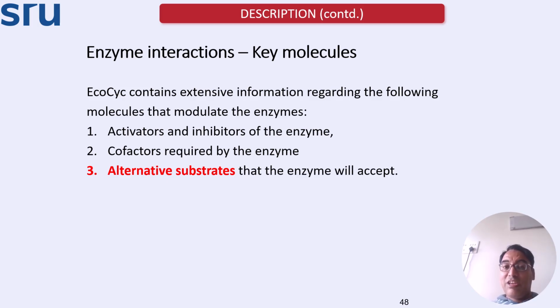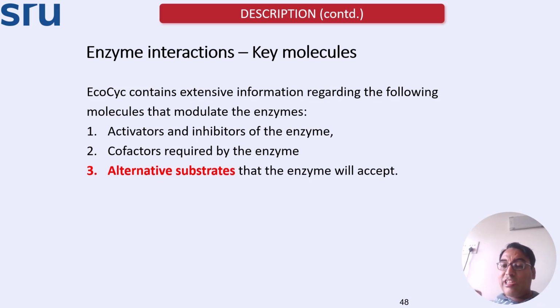Enzyme interactions, key molecules which are crucial for all of us, either the activators or inhibitors, cofactors, or alternative substrates that the enzyme will accept. Because the enzyme active site is, like we are calling it, promiscuous. Okay, if this substrate is not there, the enzyme will work with other substrates as well.